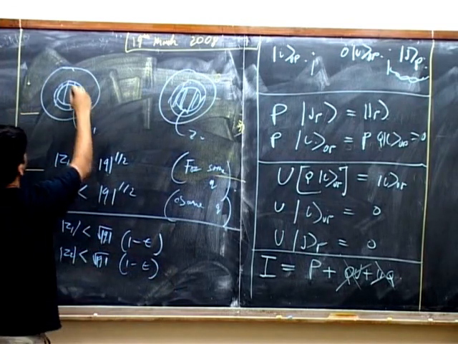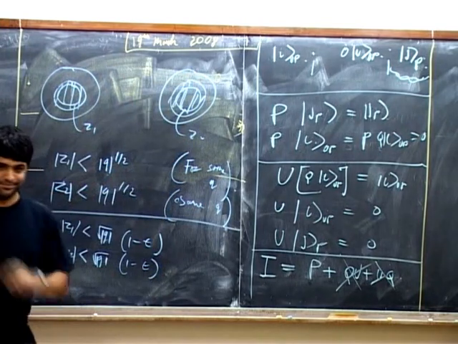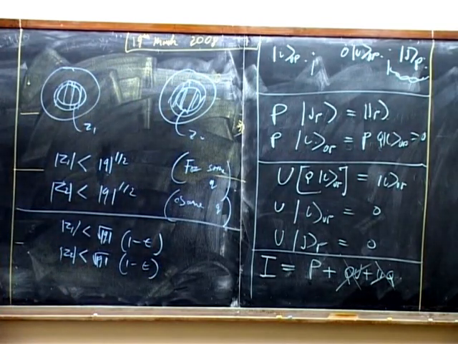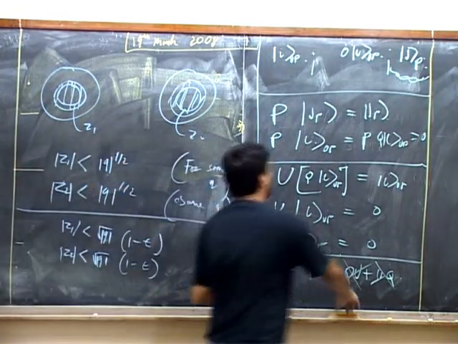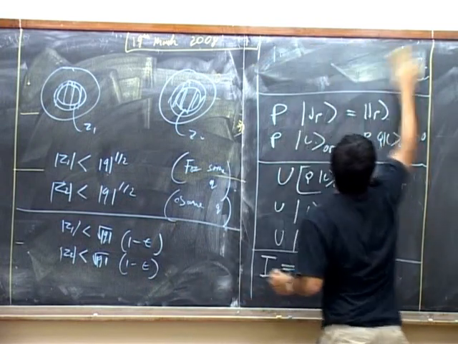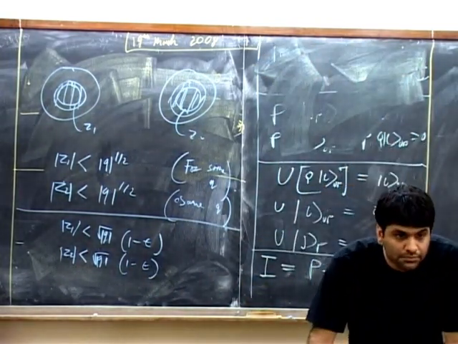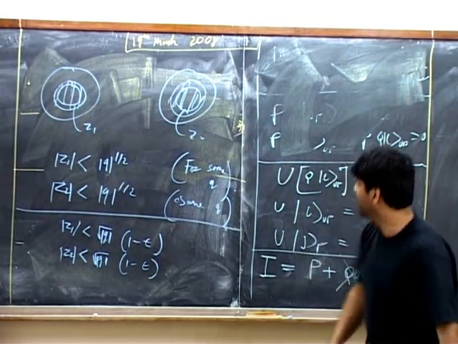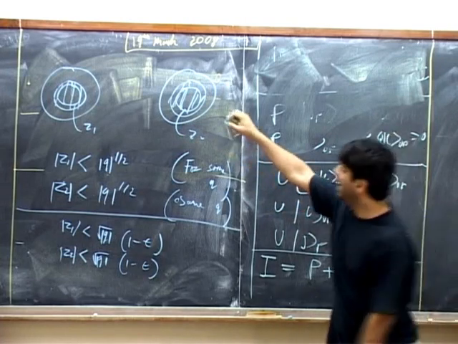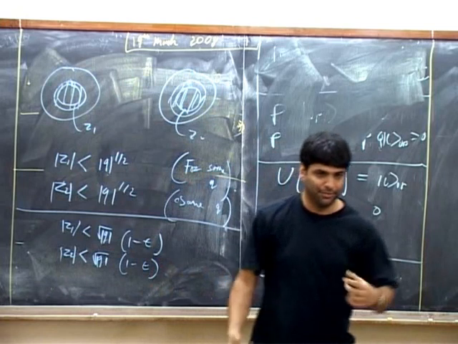And then what we will do is identify points in this annulus and this annulus. So we remove these disks, and in the remaining regions we identify points according to a formula.